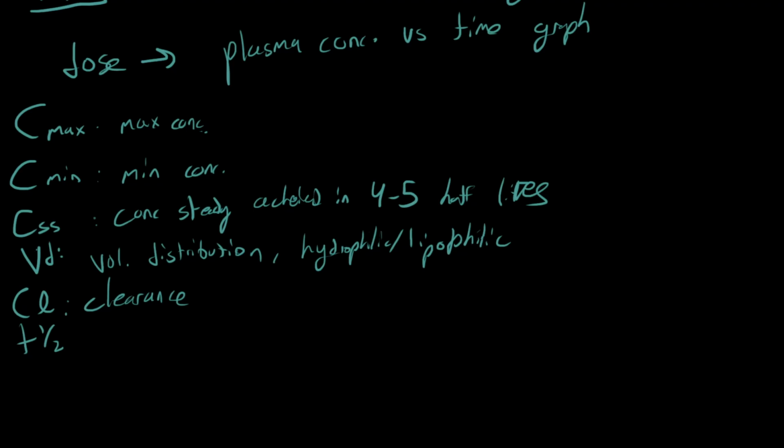This value changes if there's, most obvious example, damage to your kidneys or damage to your liver. Your T1/2 is your half-life, which is how long it takes for 50% of a drug to be eliminated or metabolized.